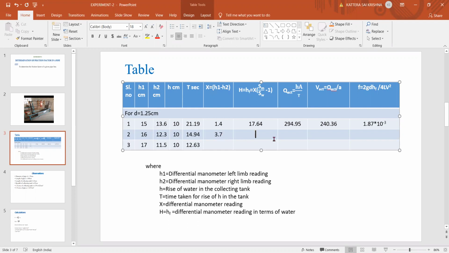Next, calculate H value. Suman, yes, you have calculated this HF value. Tell the value. 46.64. Yes, 62, sir. Okay. Right. Others, you can check whether it is correct or not. Yes sir, correct sir. Right. Next now.